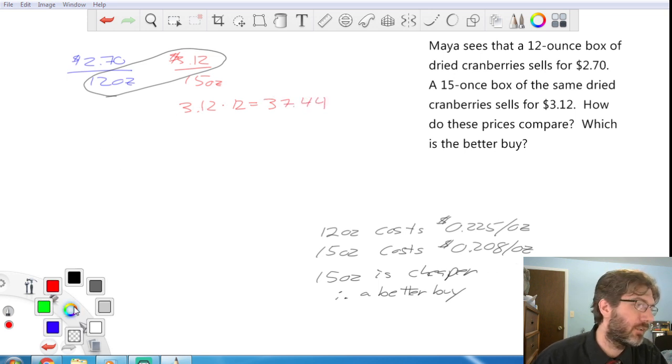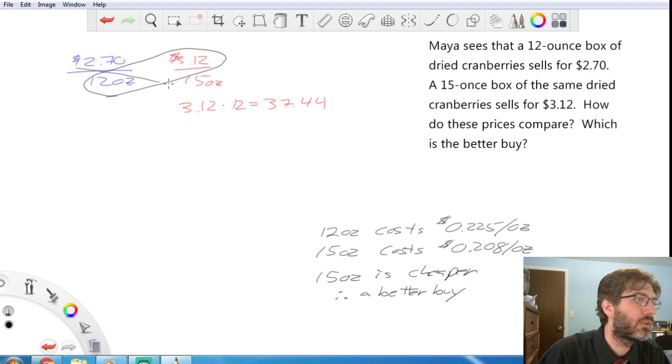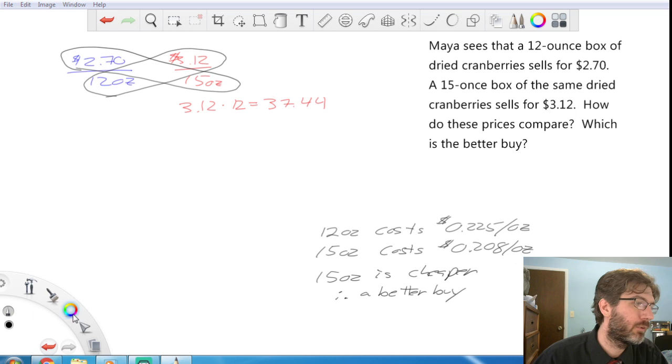And if you take it the other way, again, you're using that numerator, so we're going to go with 2.70, that's part of my dollar sign.